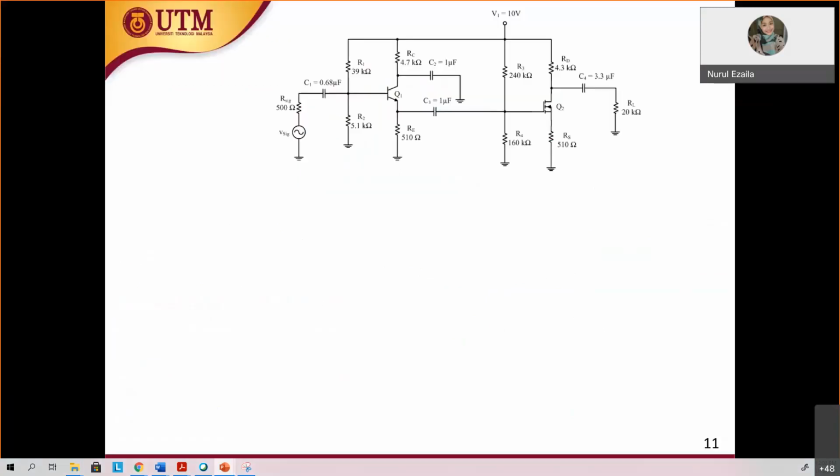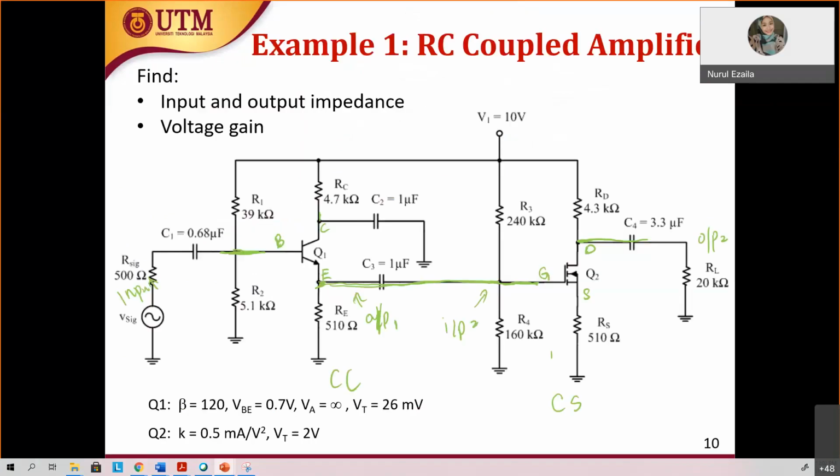Who is still not clear on determining the configuration? Please let me know. Later I'll show you more examples. Just determine where the input and output are, and then you will know which terminal is left, and that defines your configuration.